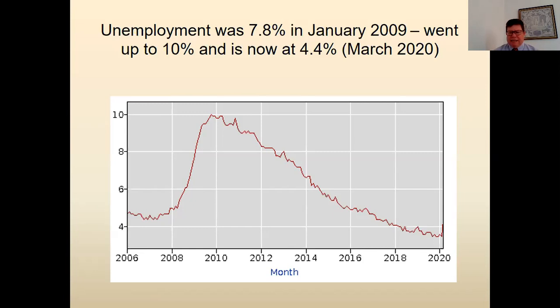And you can see this little tiny tick right there at the end in 2020, which is March, essentially almost a full percentage point growth of unemployment in one month as we start to see the effects of COVID-19 on the economy and people filing jobless claims. Probably the full effect of that won't be felt until April or potentially May. Some economists are talking about upwards of 15% unemployment at this point. But again, those are just predictions.